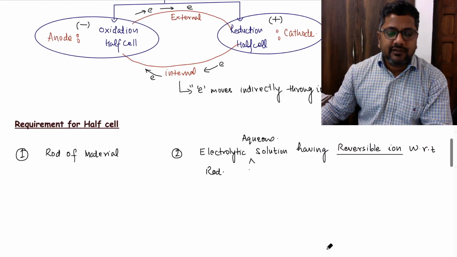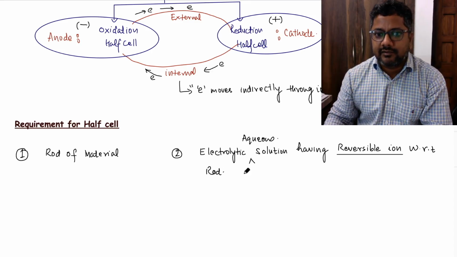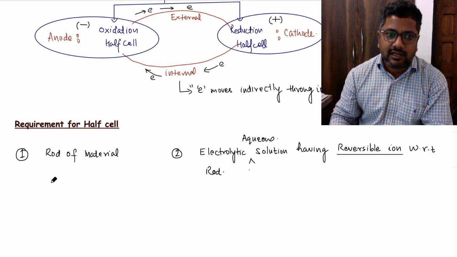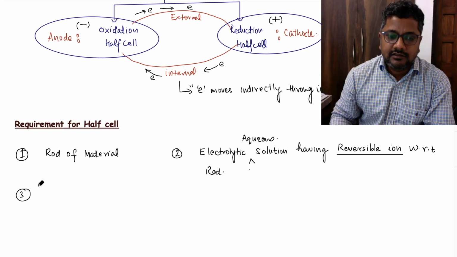So the first requirement is the rod of the material, the second requirement is the electrolytic solution having reversible ion with respect to the rod, and the third requirement is an inert beaker.